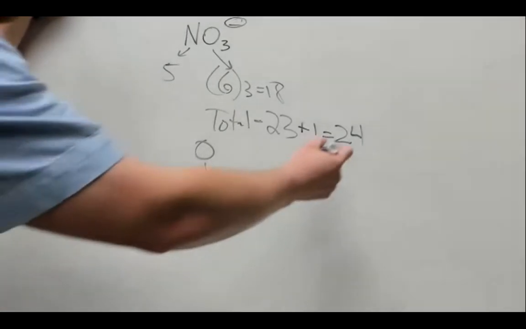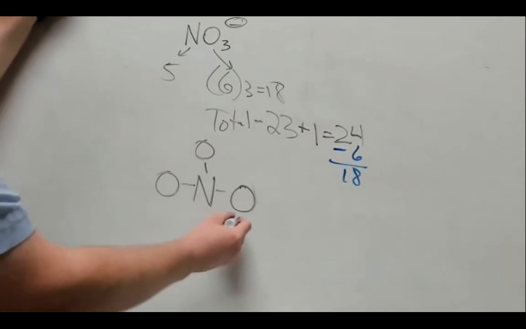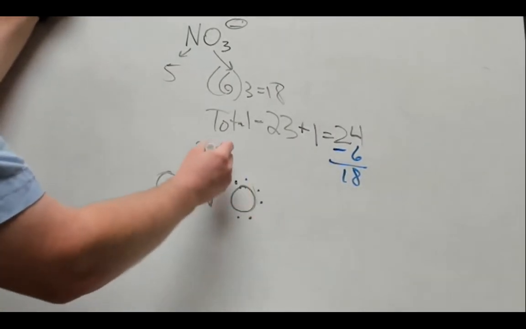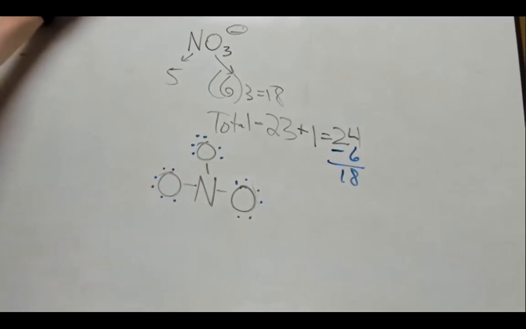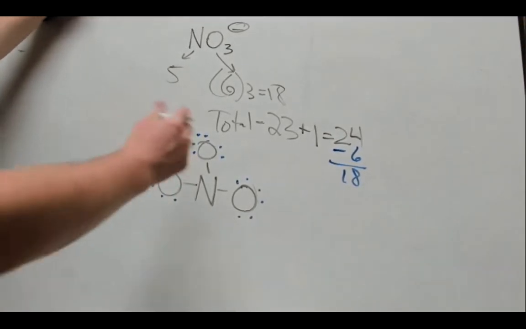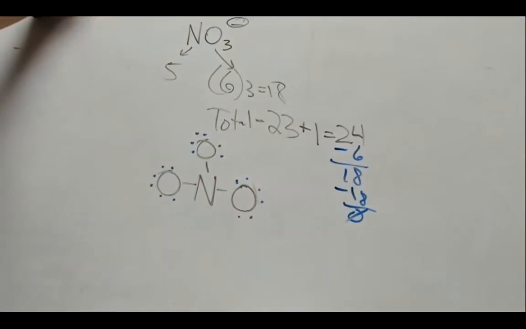So 2, 4, 6, which leaves us 18 electrons. So we start filling in: 6, 12, 18. Sweet, I am done, right?